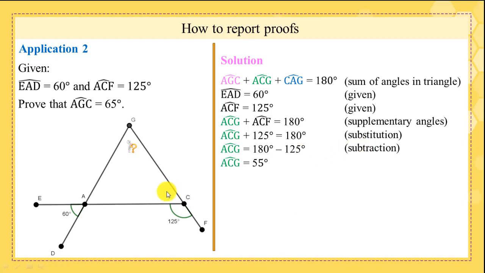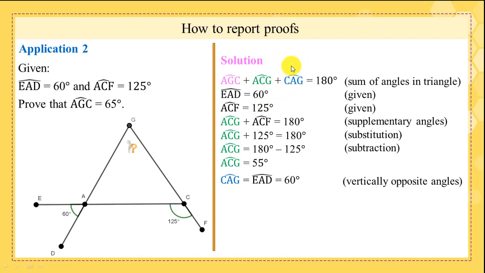We found angle GCA. Now we have to find angle GAC. What shape do we have here? Here we have vertically opposite angles, so the angle CAG is equal to angle EAD equals 60 degrees by vertically opposite angles. Now we have the two angles ACG and CAG.